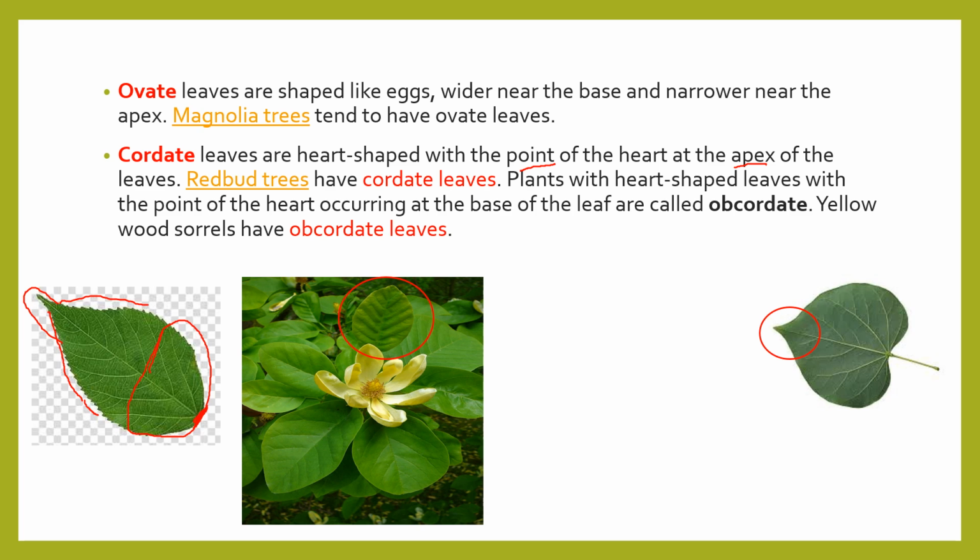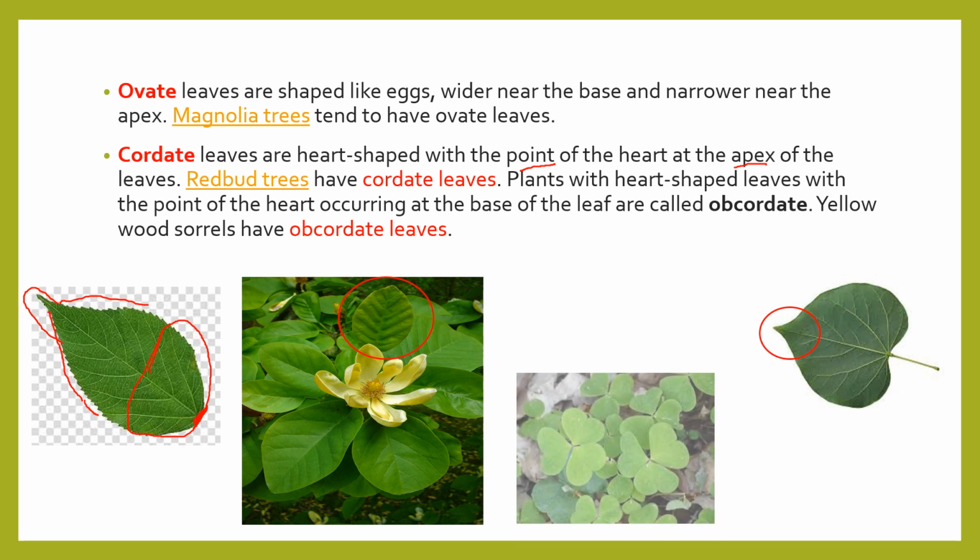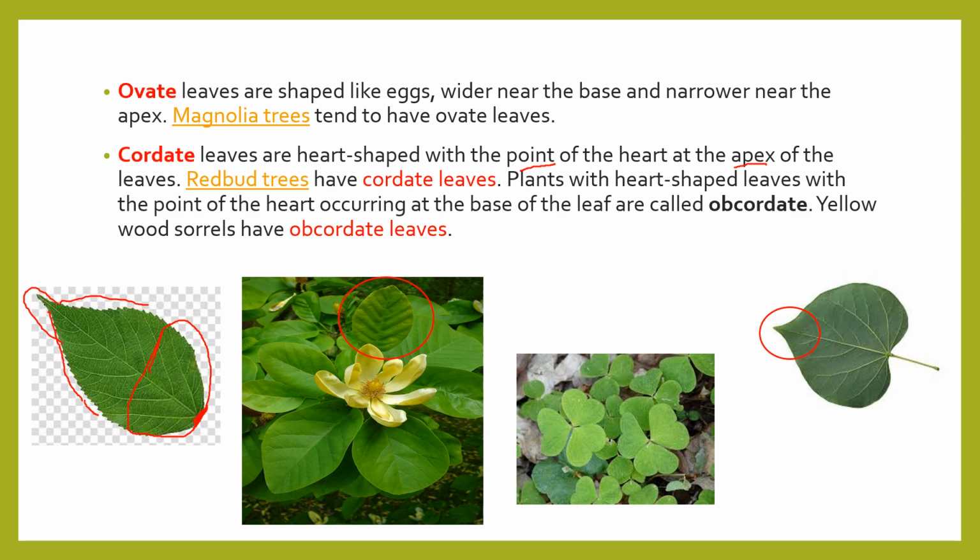Another type is obcordate leaves, in which the point of the heart is at the base of the blade. Like this plant, it's also heart shaped, but the point of the heart is at the base of the blade. So this one is called obcordate leaves. Now you know the difference between cordate and obcordate leaves.